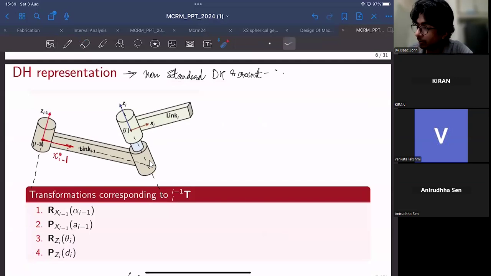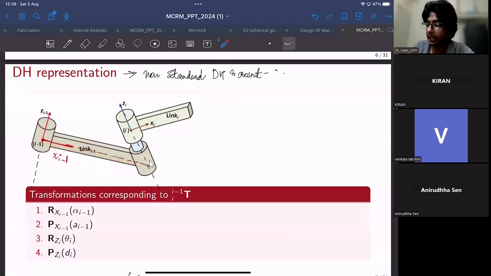It is also important to note that what you see over here is the (i minus 1)th link, and the frame i minus 1 is rigidly attached to the (i minus 1)th link. And in the case of link i, the ith frame is rigidly attached to link i. To propagate the information between the (i minus 1)th frame and the ith frame, you can only translate and rotate.